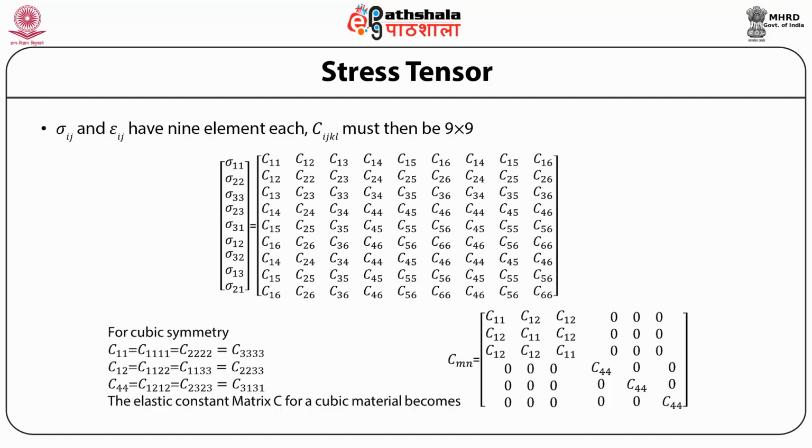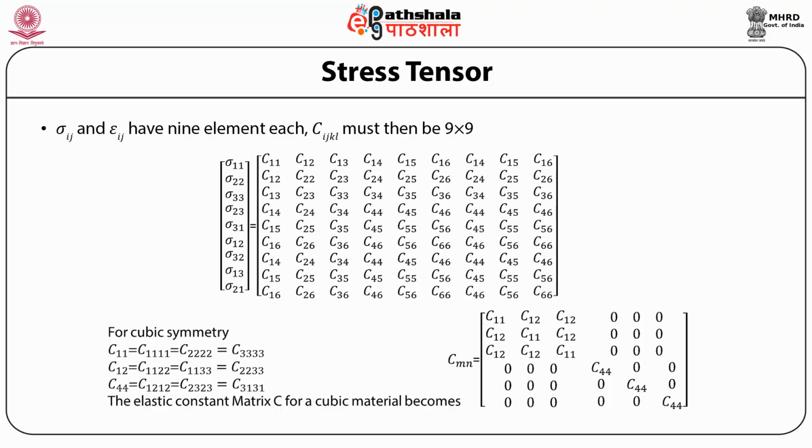So this shows the multiplication of the two matrices. Now since ij equal to kl, we can replace ij by m and kl by n.